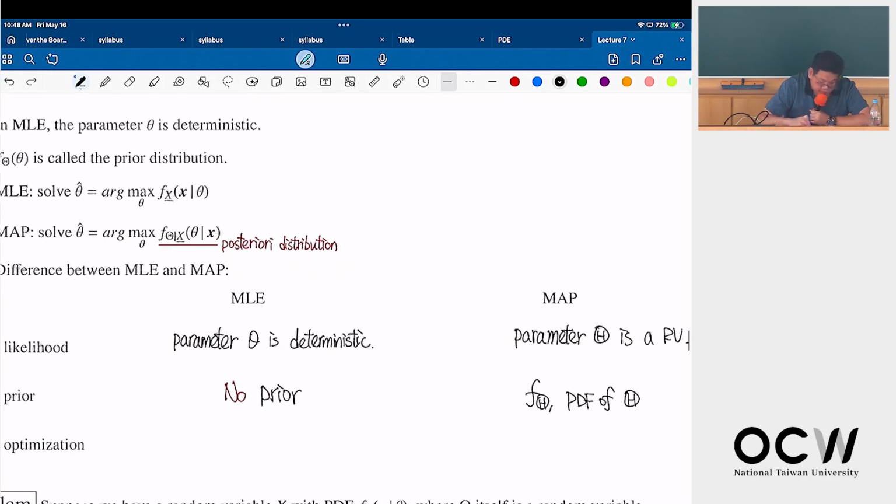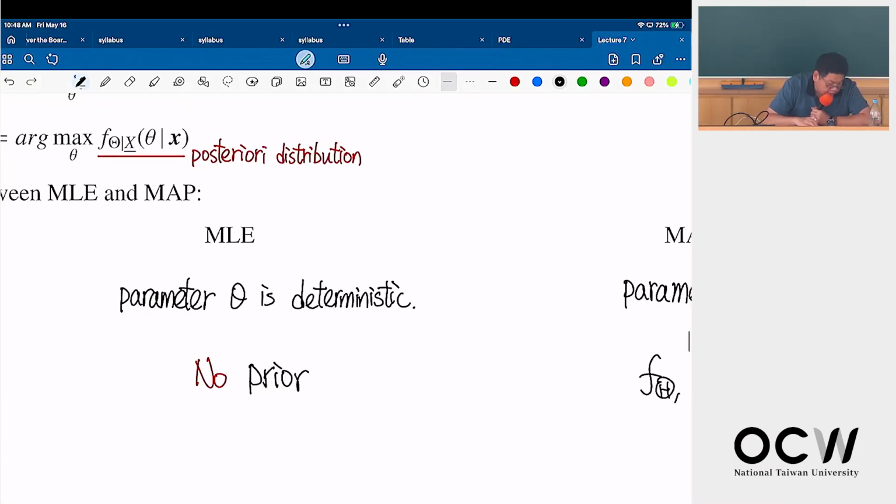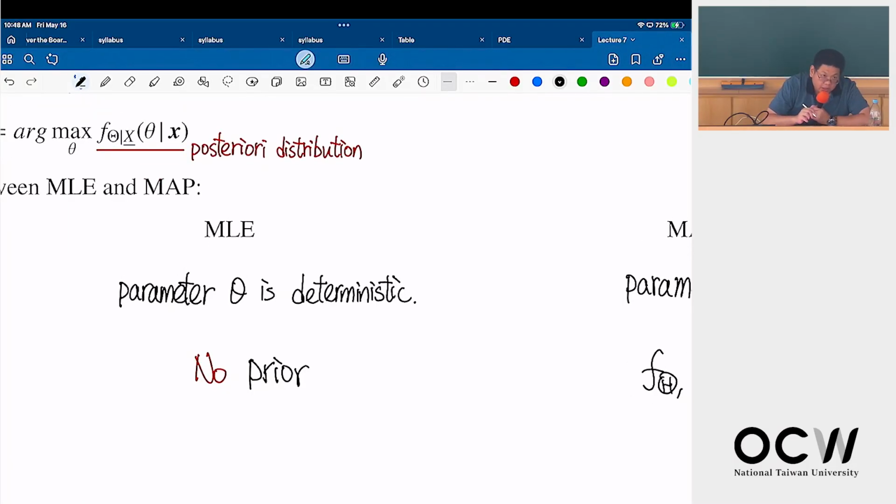And for the maximum likelihood estimation, we try to find the peak of the likelihood PDF.